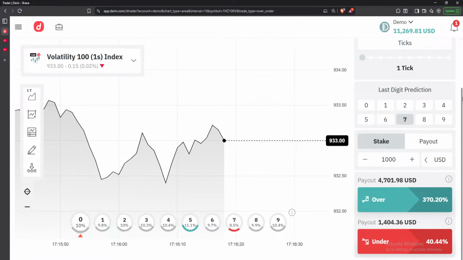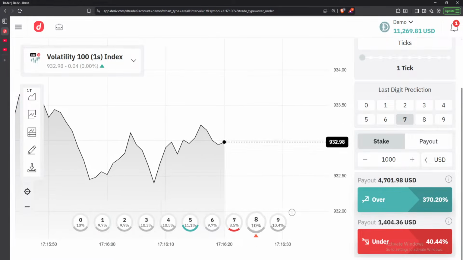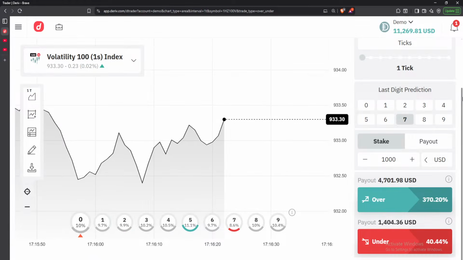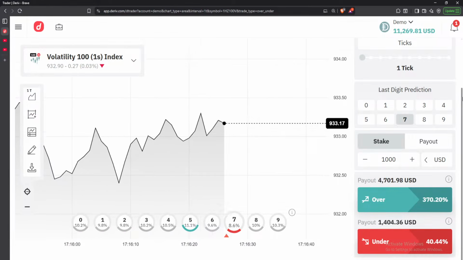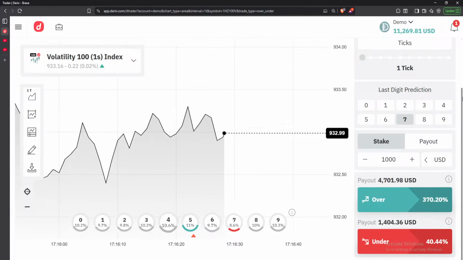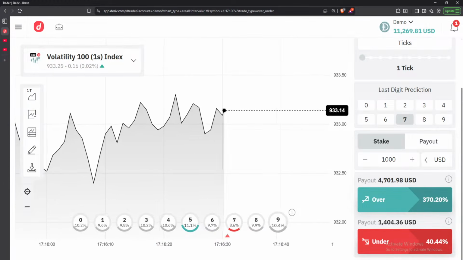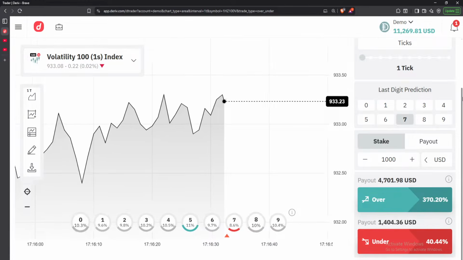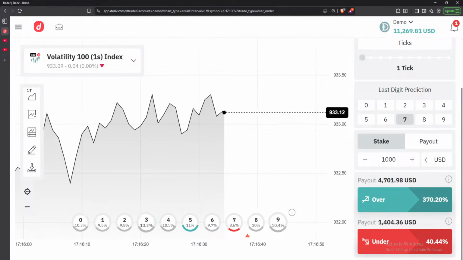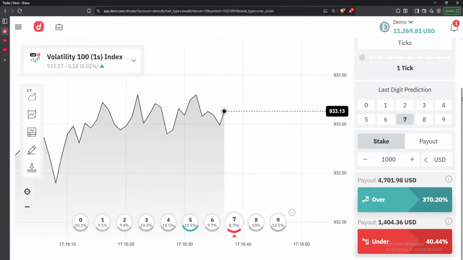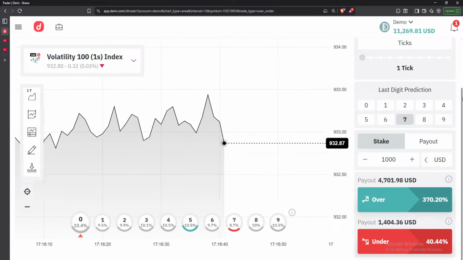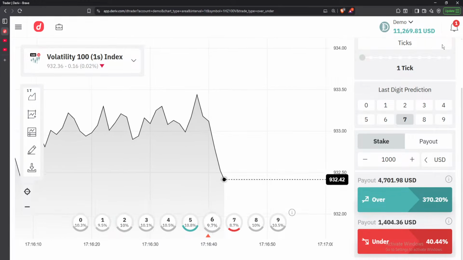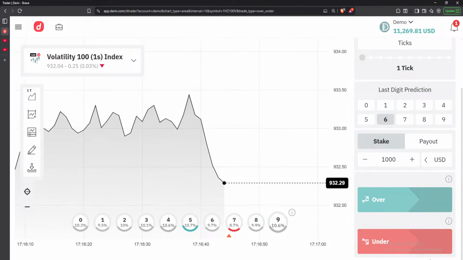The green circle can either be on 2, 1, or 0, but it should not be touching 3, 4, or 5. The main reason is the numbers around the green circle or the green bar end up being predicted a lot of times. If the green circle is near the number that you're trading under with, it will put us in a very dangerous position, which will make us experience a lot of losses.